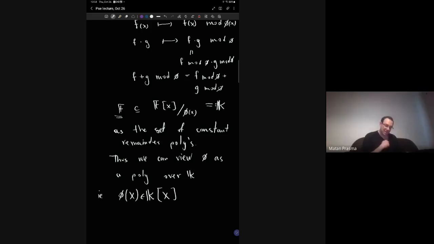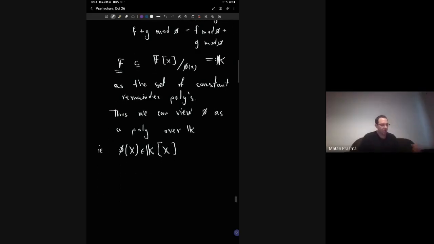Okay, so how does a typical element in k of X look like?